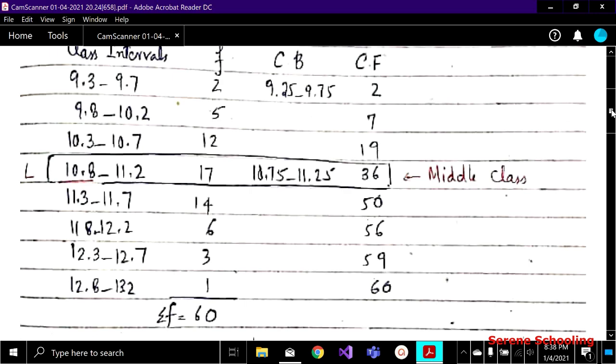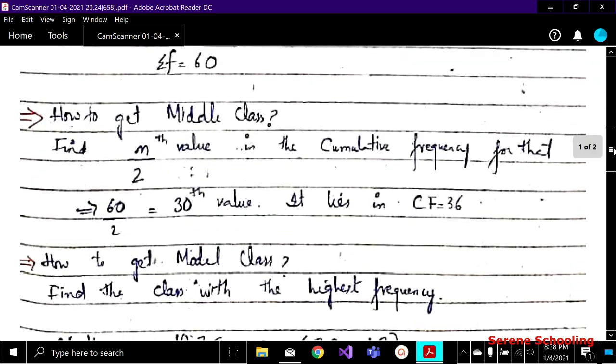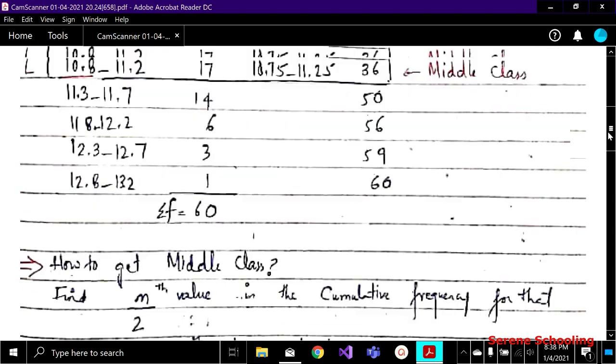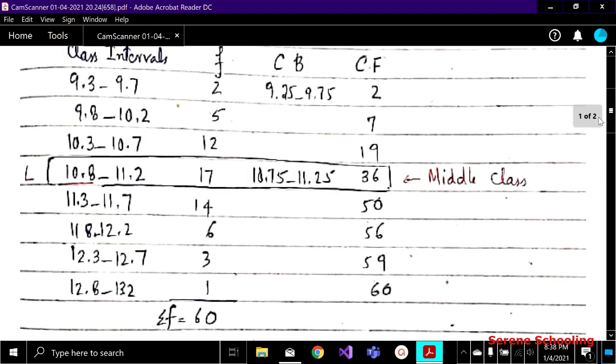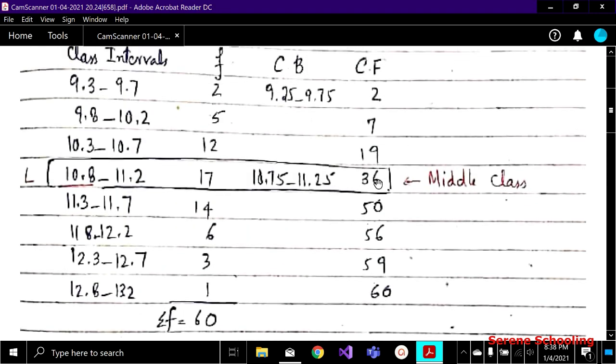Since we want the 30th value, it is definitely going to be in this class. From 20 to 36, all the values lie in this class. We have seen by the cumulative frequency which is our middle class. So this class is my middle class.